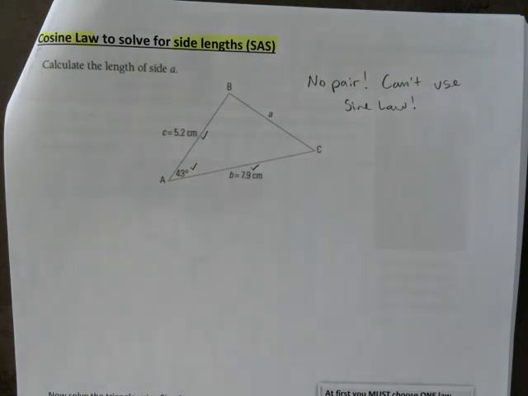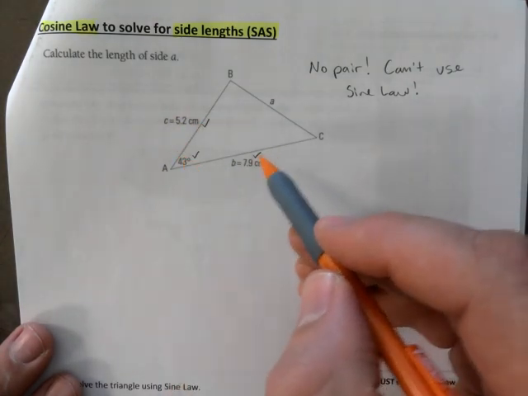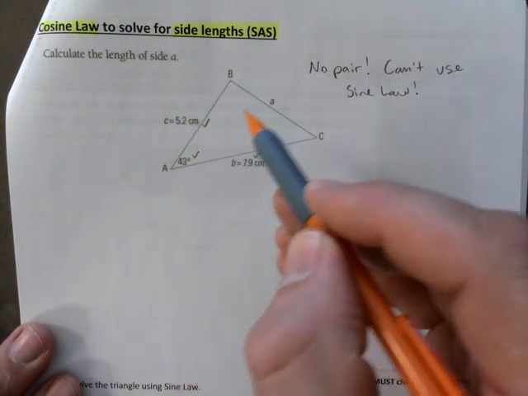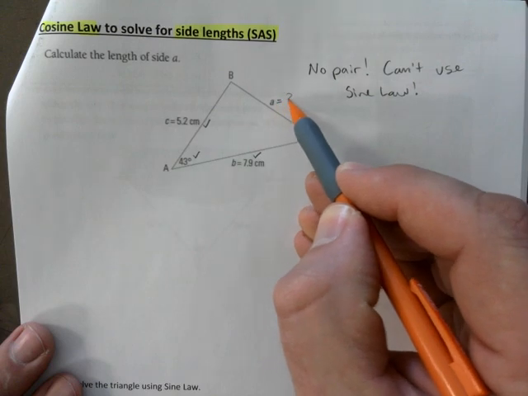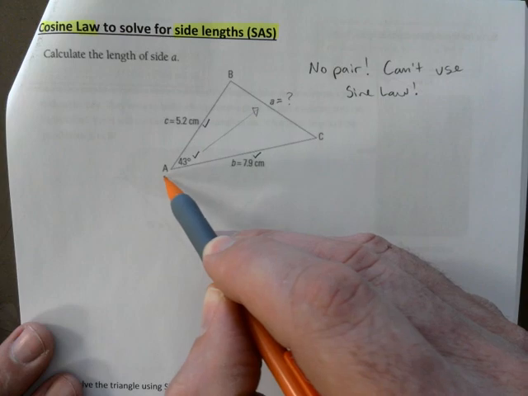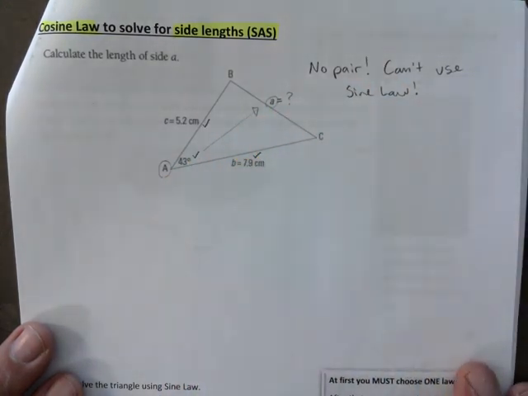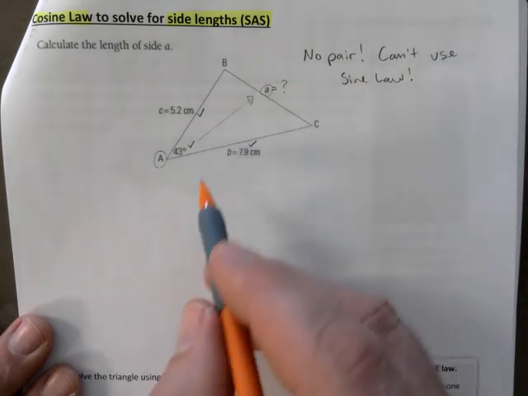So I have to use cosine law. You should recognize SAS, my only option here is to solve for this side. This one is across: you've got angle A and side A like that. That's perfect.